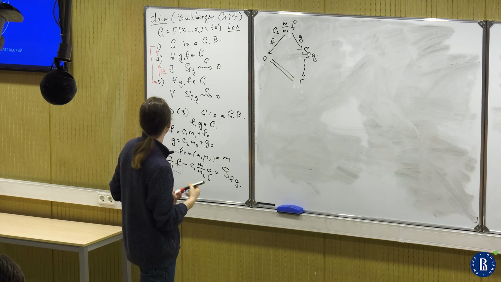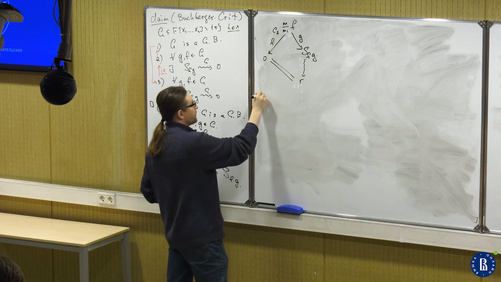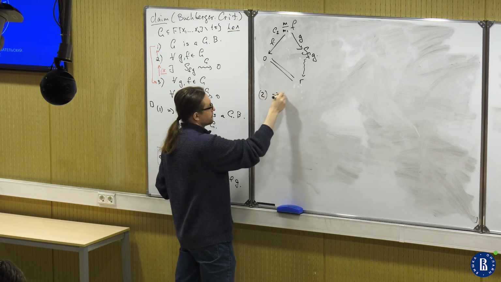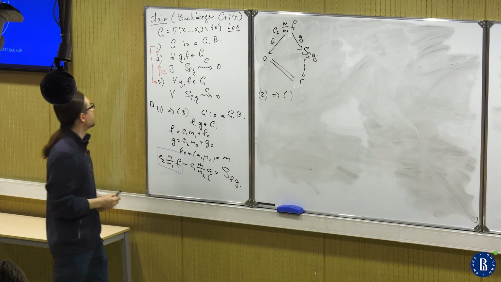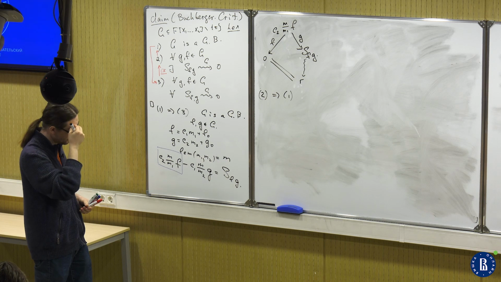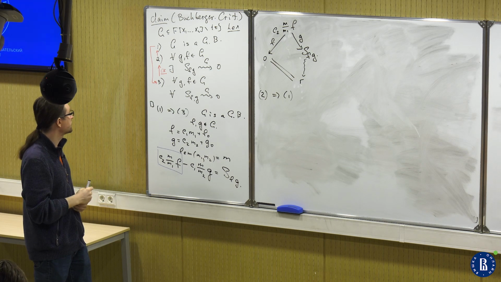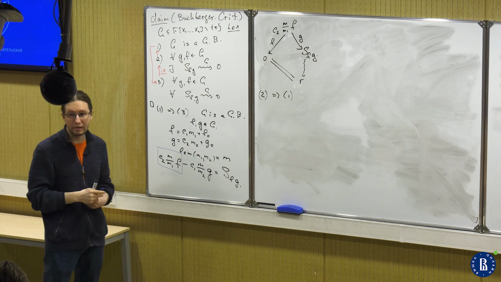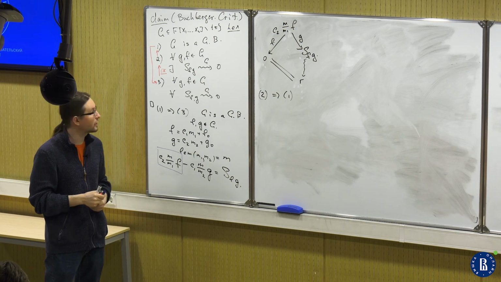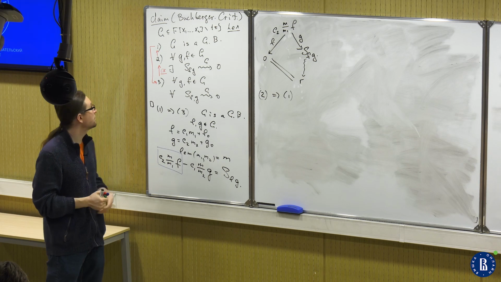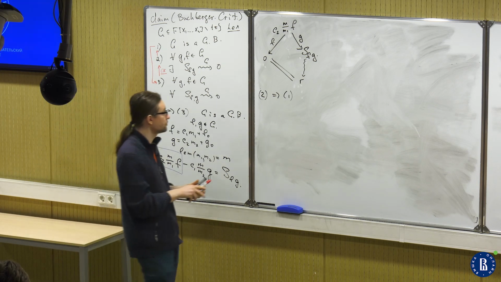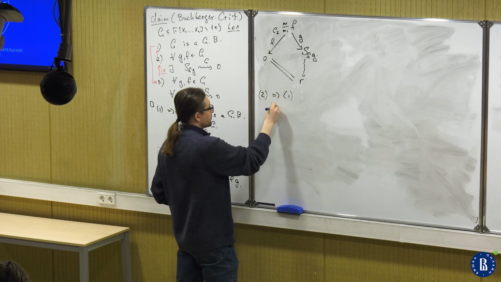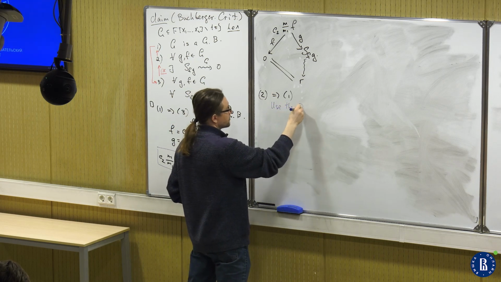Now we want to prove 2 to 1. This will be an interesting part. If we want to prove this, we want to check that the assumptions of the diamond lemma are satisfied. If the diamond lemma holds, then just by the diamond lemma, G is a Grobner basis. So the idea is to use the diamond lemma.